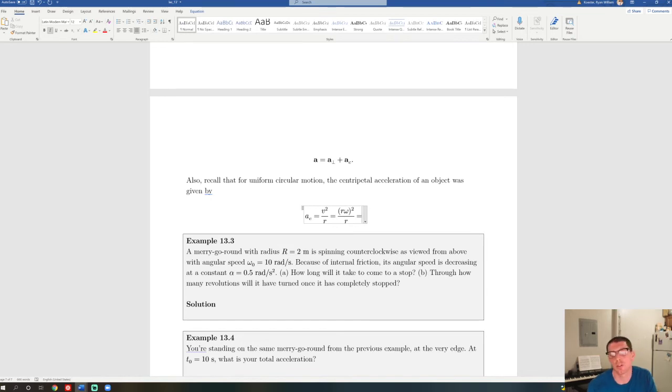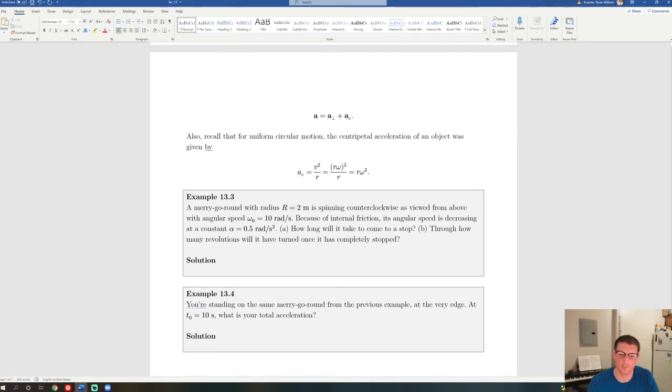And so what happens is we get r squared omega squared in the numerator, and we have one factor of r in the denominator, so this becomes r omega squared. So this is just another way, now with this idea of angular velocity and angular speed, that we can write the centripetal acceleration of an object that is undergoing uniform circular motion. Okay, so now let's look at some examples of this.